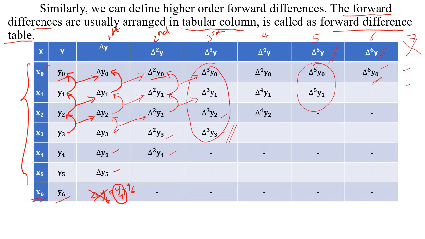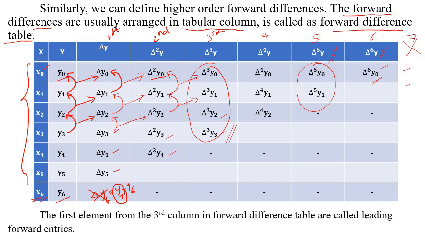Now in this table, the first elements from the third column are called leading forward entries. So delta y0, delta square y0, delta cube y0, delta power 4 y0, delta power 5 y0 and delta power 6 y0.